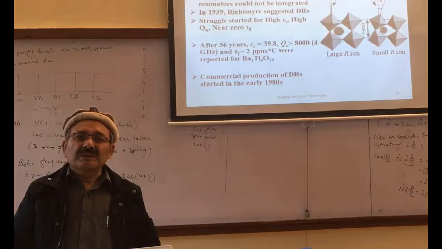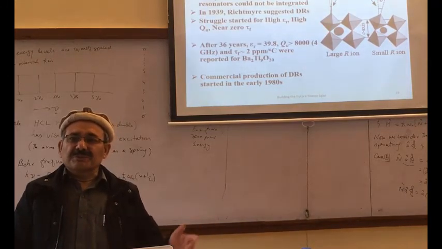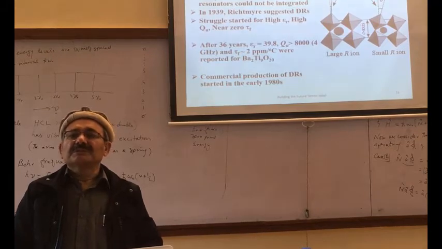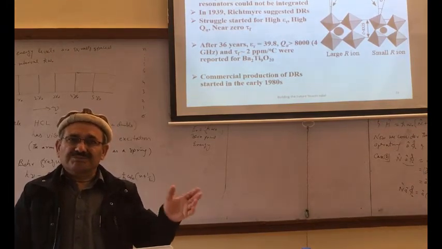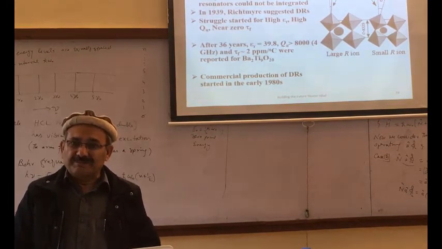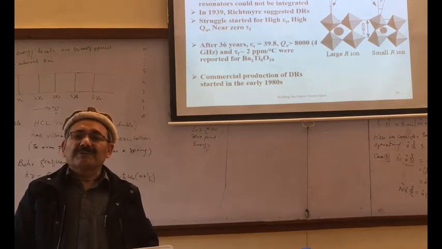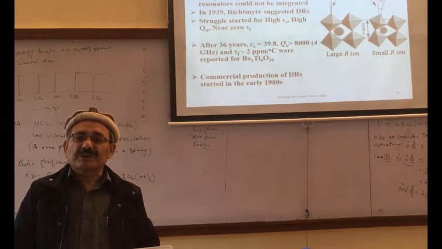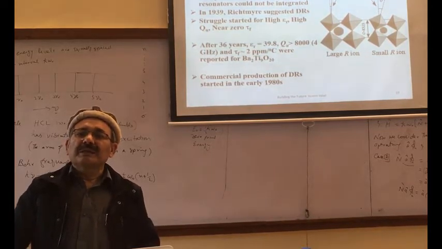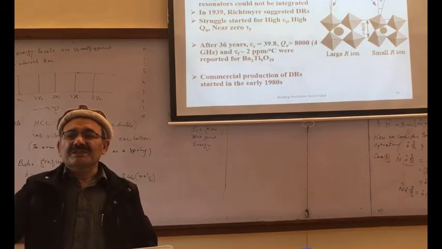But the general benchmark for cell phones is considered to be about 40 to 50. The QF should be above 10,000, and the temperature coefficient of resonant frequency should be between -10 and +10.